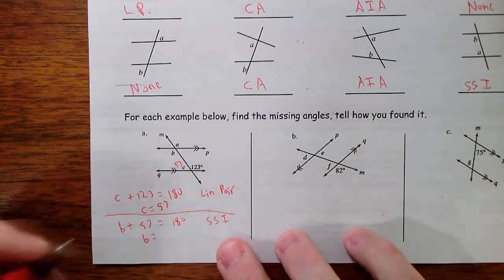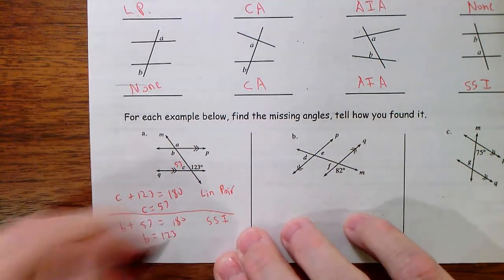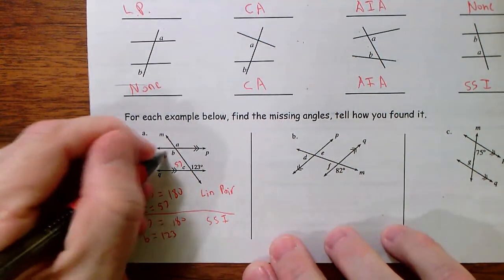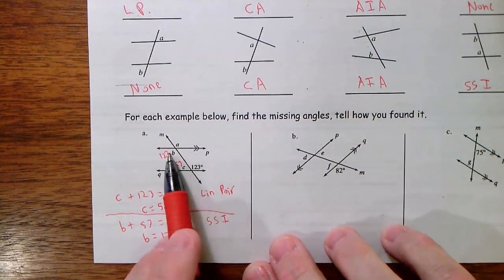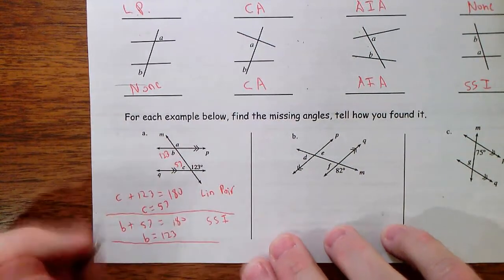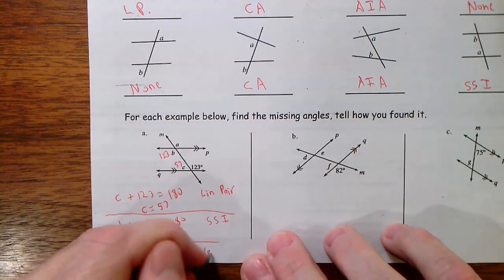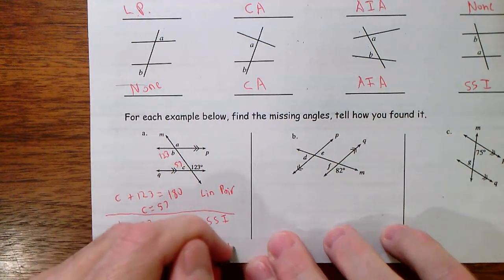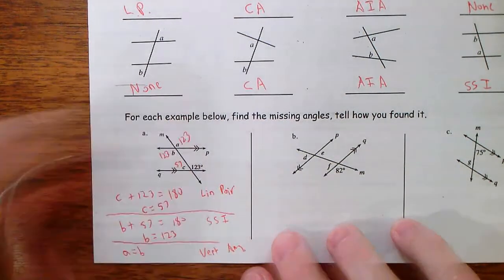So that means B must equal 123. I also could have gotten B by saying that these two are alternate interior angles, so they're equal. And last up, A equals B because they are vertical angles. So therefore, A would also be 123.